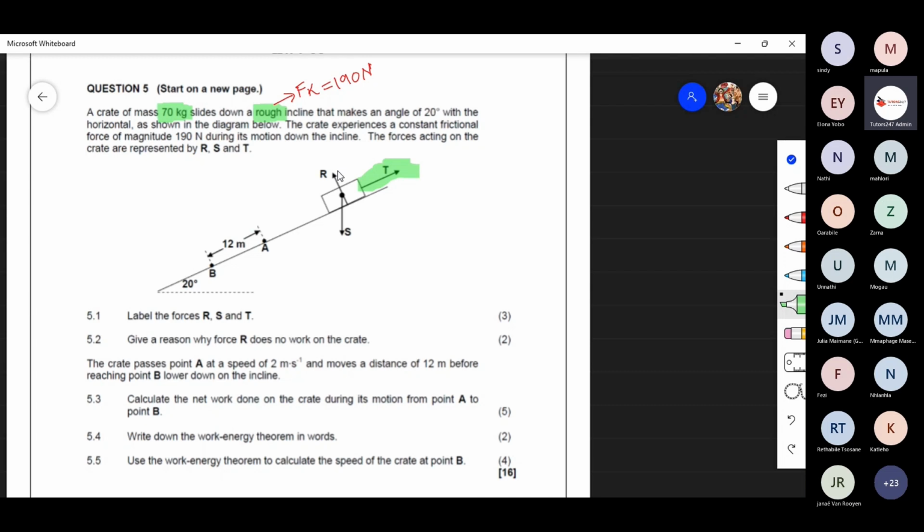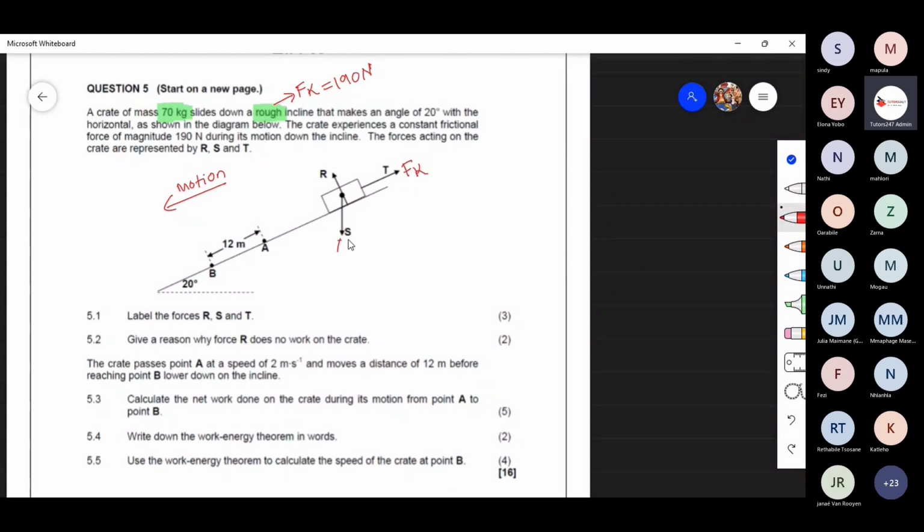Now, they've mentioned that this object is moving down the incline, so our motion is down the incline. Whenever the object is moving down the incline, there's always a force that acts up the incline, known as frictional force. So this T represents frictional force.